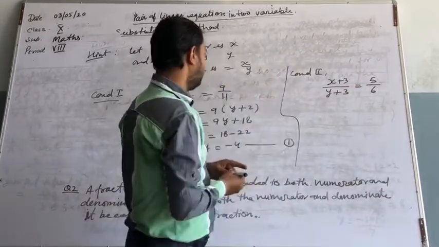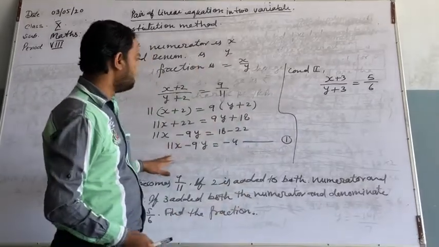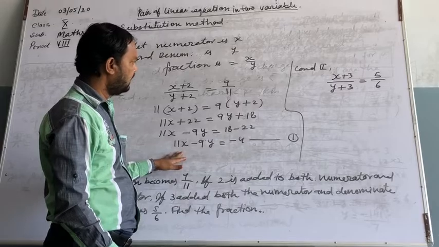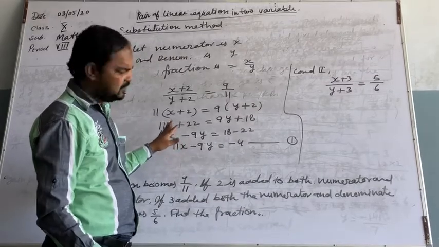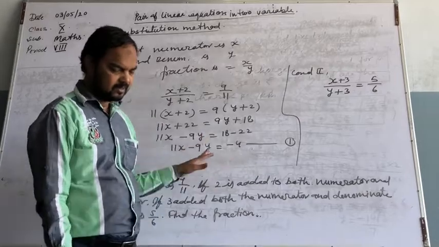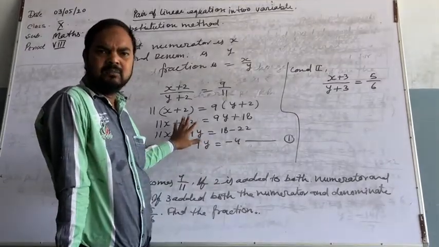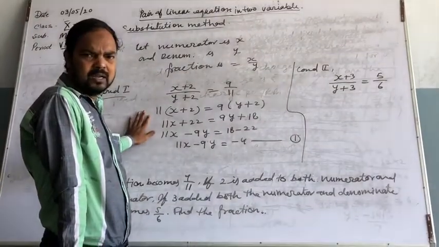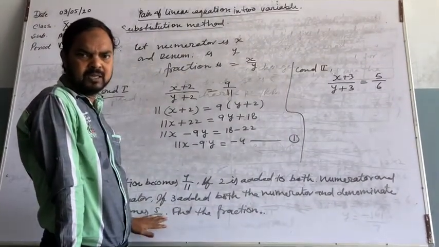Okay, now simplify this and make a proper equation, right? Then simplify it by substitution method and find the answer. We are requesting you to send me the results of these two questions, and then I will give you feedback. Okay, thank you.